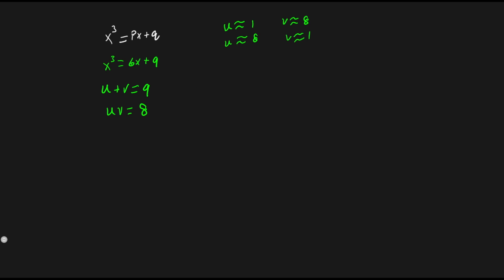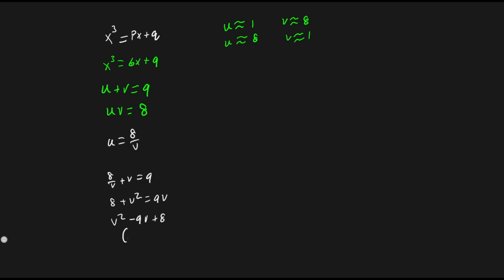So we can just plug in u and v for the cube root. But first, let's solve it using the quadratic, where we will get u is equal to 8 over v, and we get 8 over v plus v is equal to 9. And then we multiply by v, and we get v squared minus 9v plus 8. And we can factor this since it is factorable.